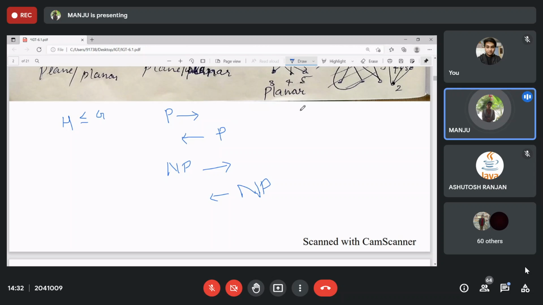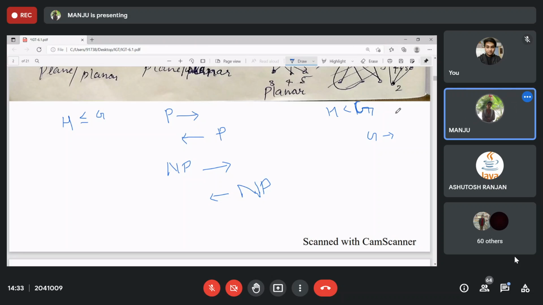If H is a proper subgraph of G, that is every proper subgraph of the graph is planar, then what can you say about G?